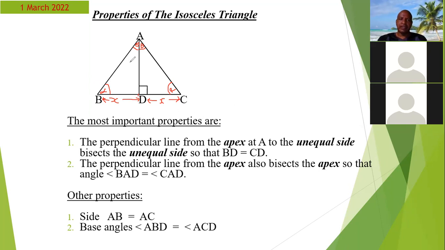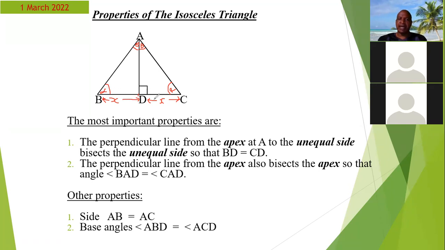And so for that reason, these two triangles are similar triangles, and so their base angles are equal. And that also will help you in terms of determining angles within the isosceles triangle. Because once you know one base angle, automatically you would be able to find the other base angle.